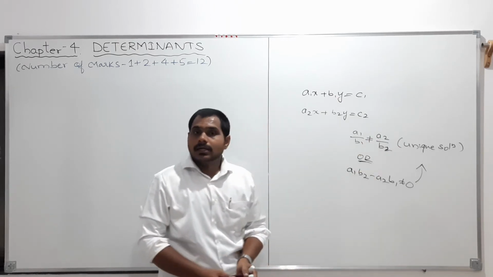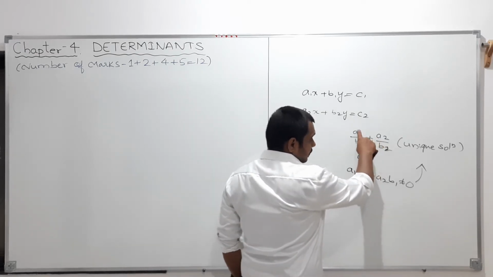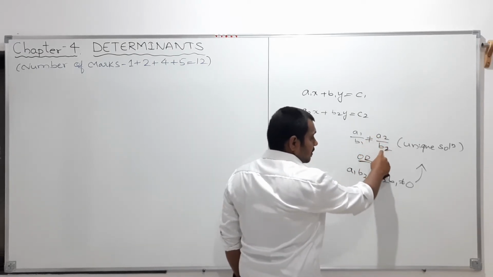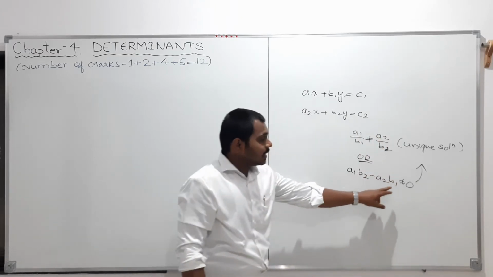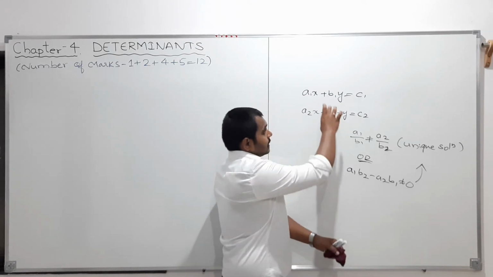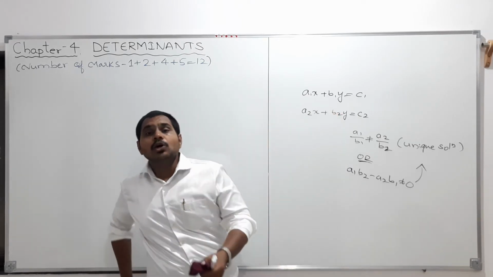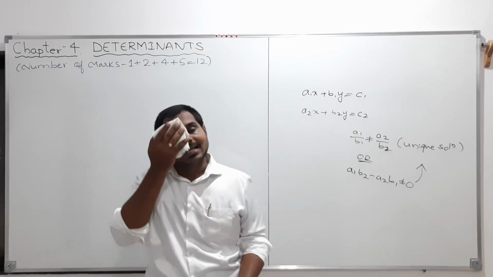Clear? So, my dear students, if a1 by b1 is not equals to a2 by b2, or a1 into b2 minus a2 into b1 is not equals to 0, then we can say that this linear system of equations has a unique solution. This we studied in the earlier classes.